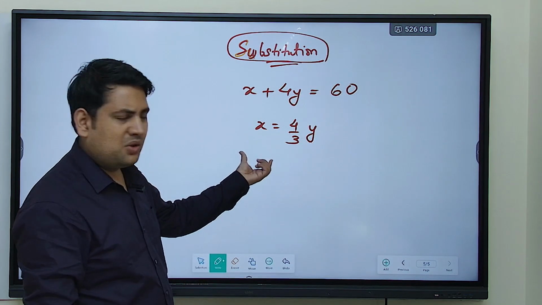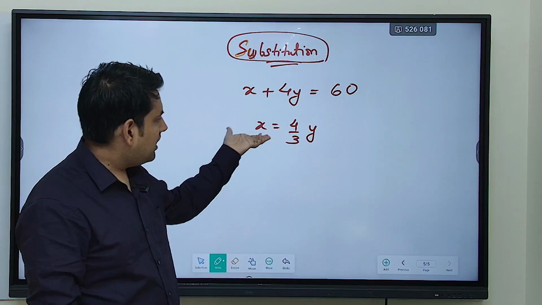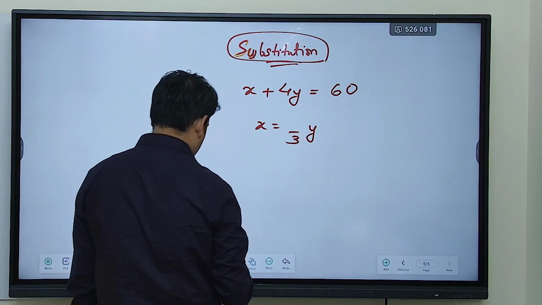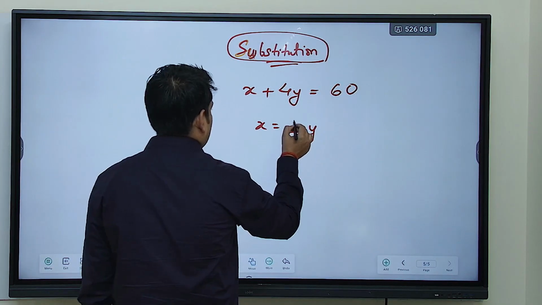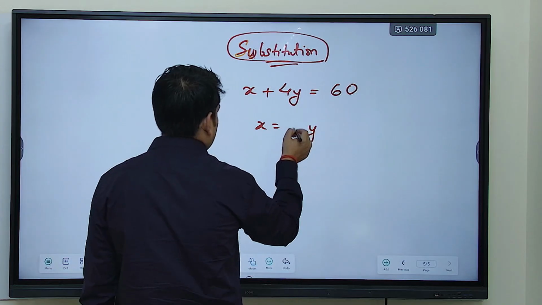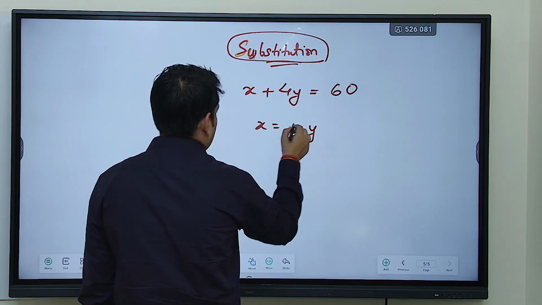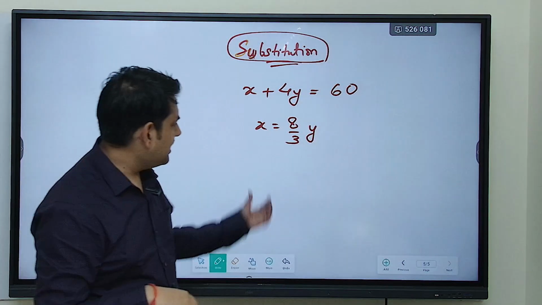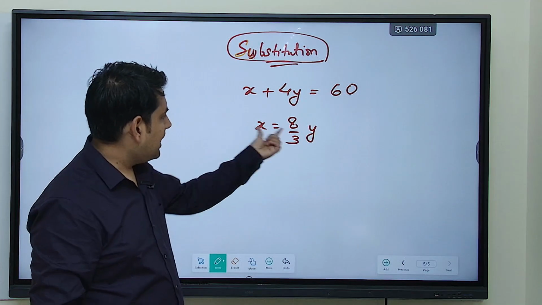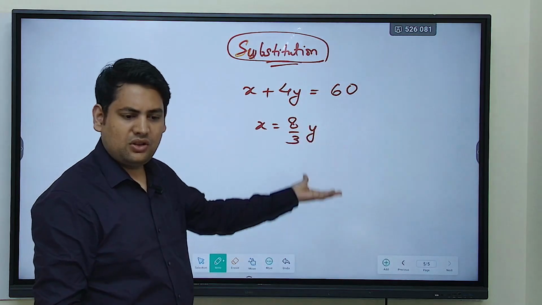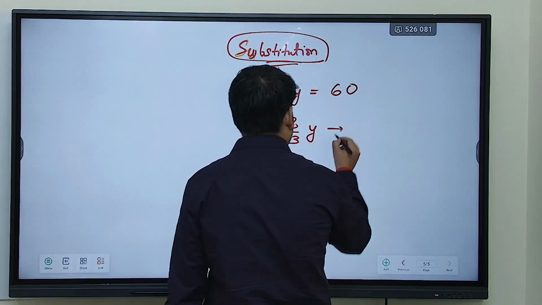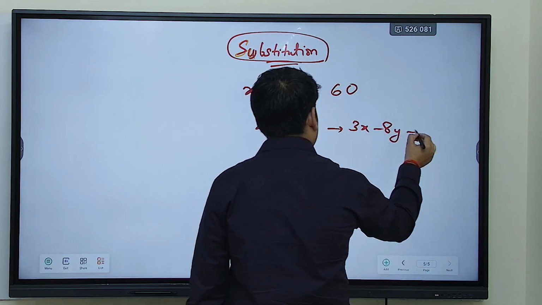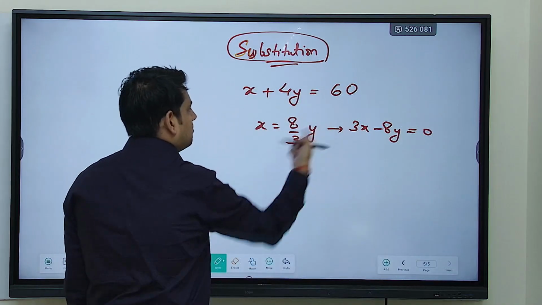Now one thing you can do is multiply by 3 and create 3x minus 8y is equal to 0 and then try to solve it. You can write it as 3x minus 8y is equal to 0, and now you solve both of these equations.